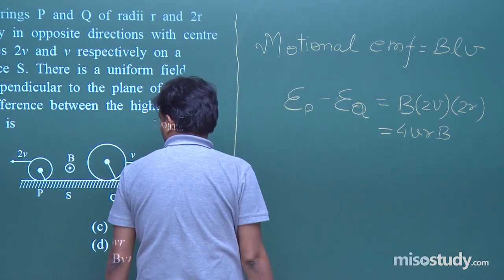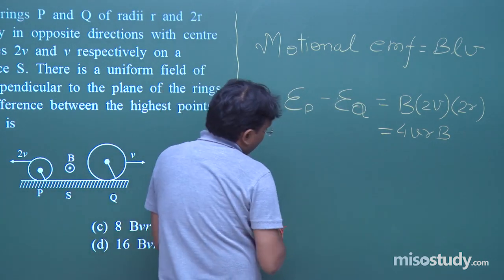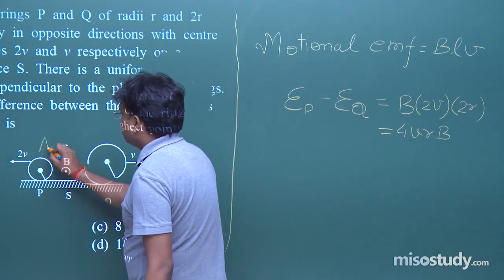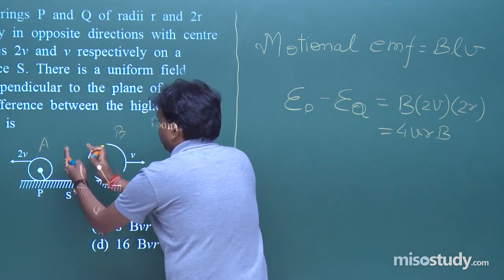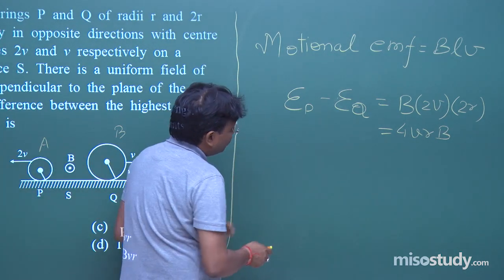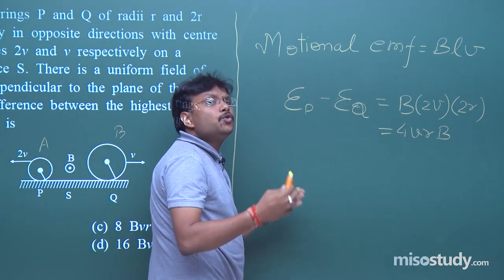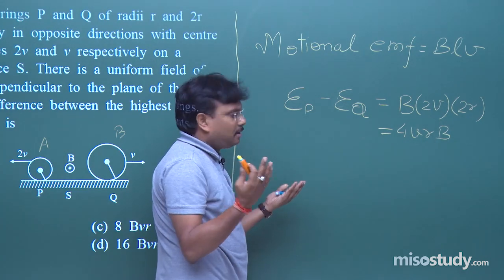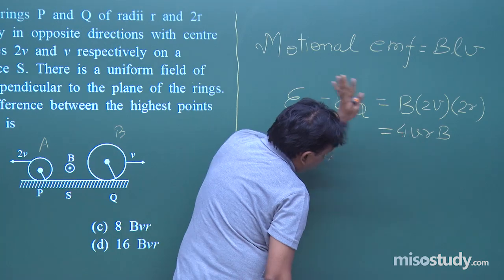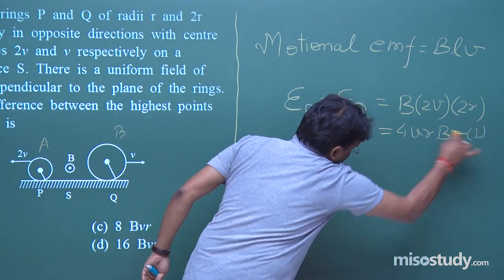This is situation number 1, the initial situation. And then situation number 2: basically this is position A, this is position B. When they move away, they are now in different positions. I can represent it as P and Q, or you can represent it as A and B, no problem. So, 4BVR, that is equation number 1.